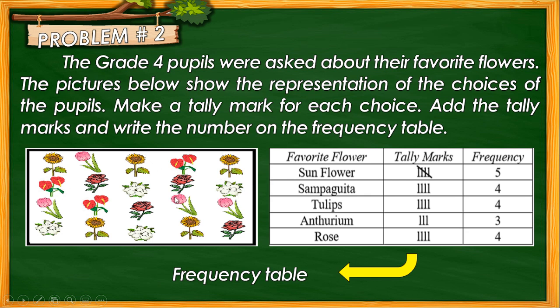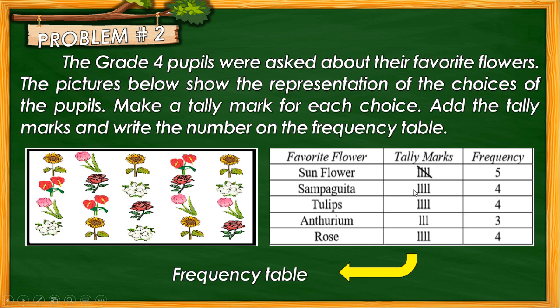So we have sunflower, we have 5: 1, 2, 3, 4, 5. So write the tally mark for 5 sunflowers, and then the numerical representation for the frequency. The sampaguita: how many? We have 1, 2, 3, 4.